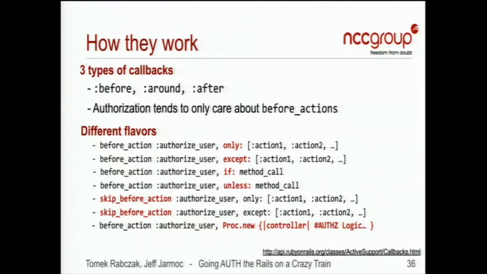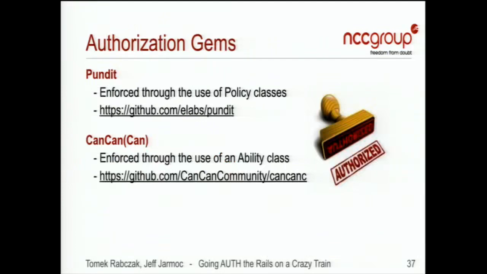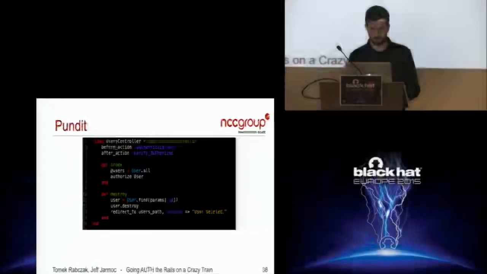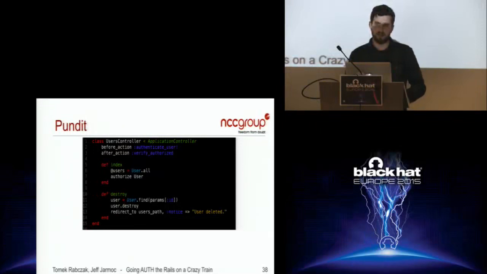Like Devise, there are a few authorization gems that are available for Rails. Pundit and CanCan, formerly CanCan, are probably the two most famous authorization gems. Both Pundit and CanCan try to centralize all of the authorization rules in a single place.